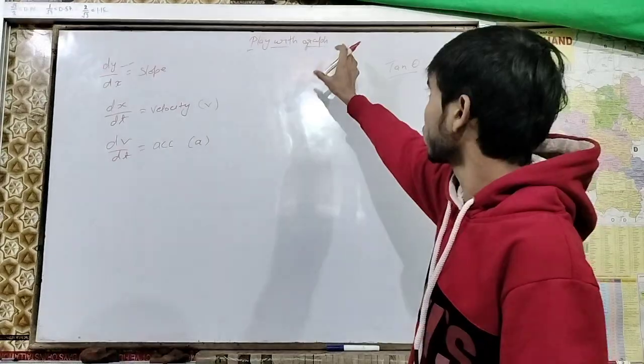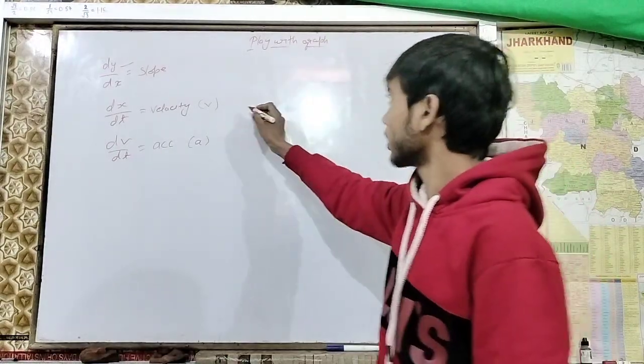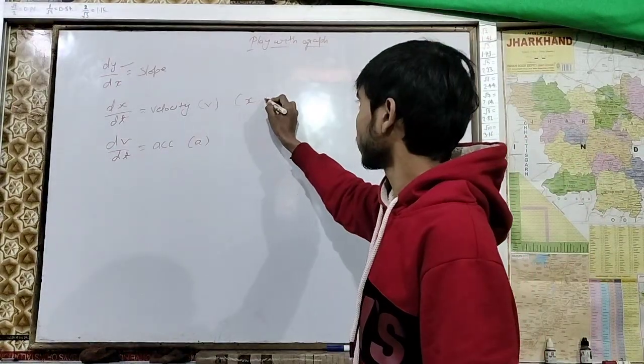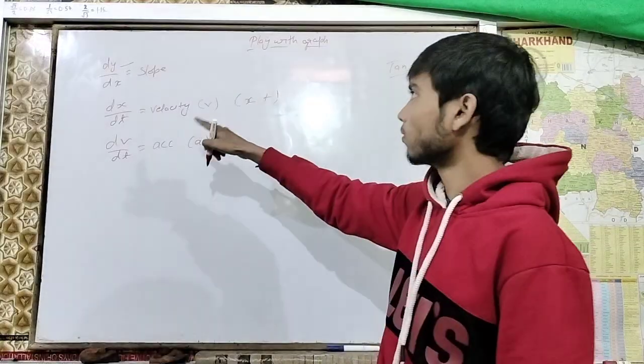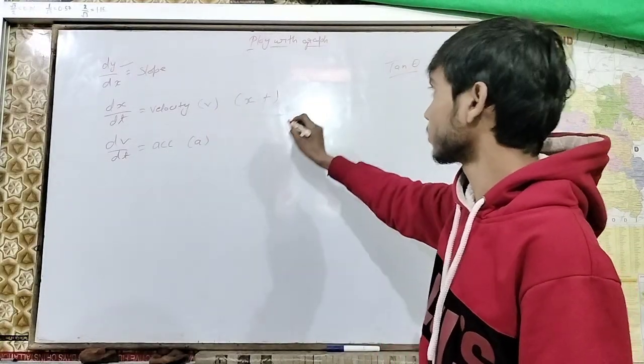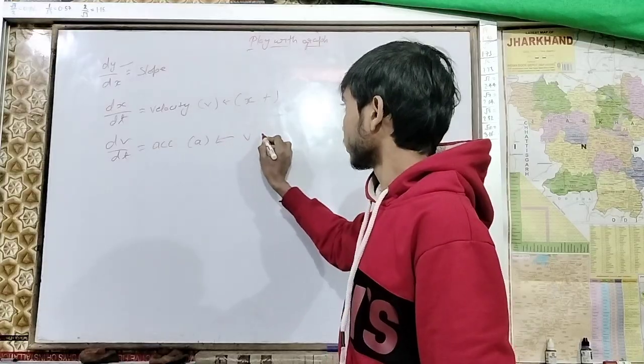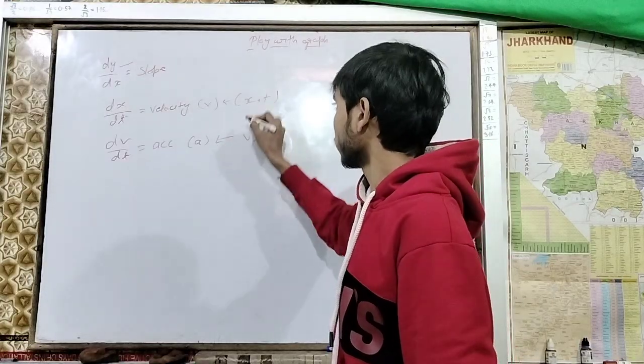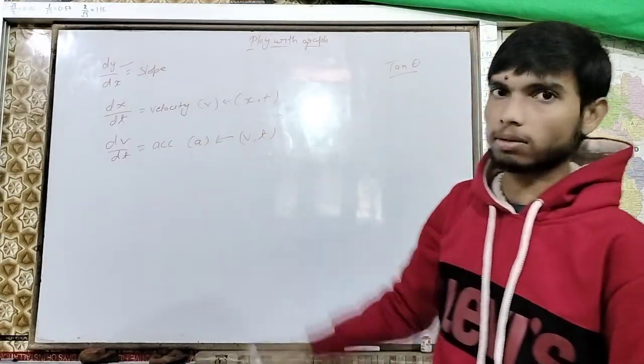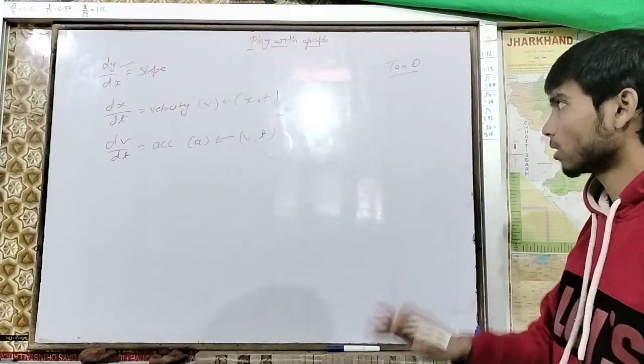Our focus is on graphs. So remember, x-t will give you which graph? Velocity graph. And v-t will give you the acceleration graph.